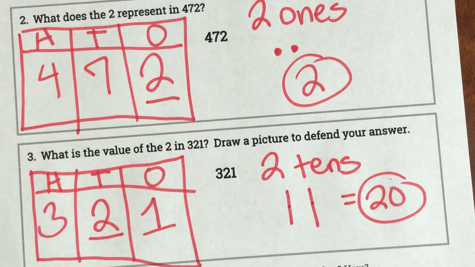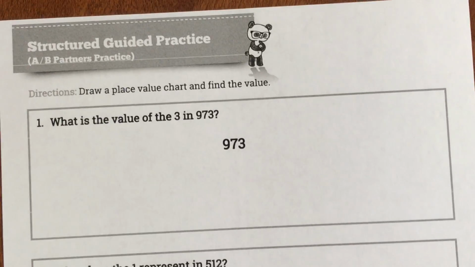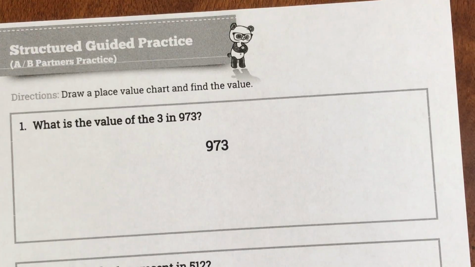Okay, so ladies and gentlemen, let's try some of these together. We are on page 20 of your student journal. So if you can turn to page 20, this should be your first problem that you see. And it says, what is the value of the 3 in 973?